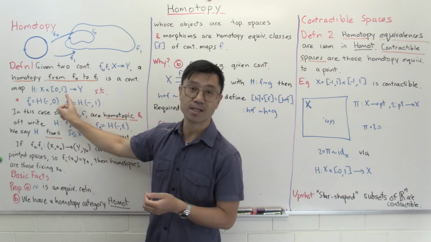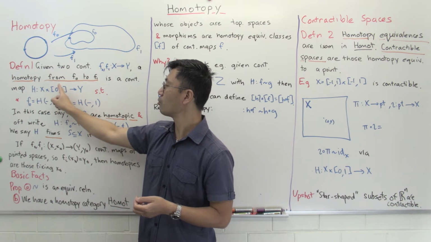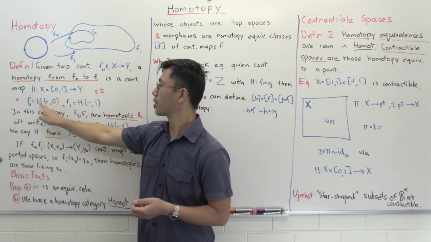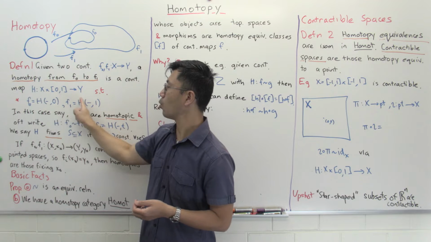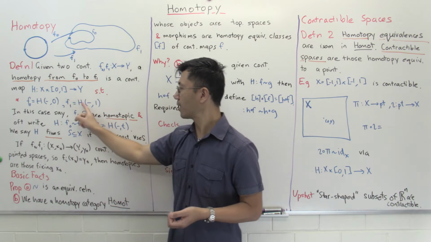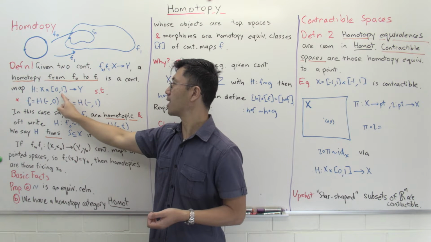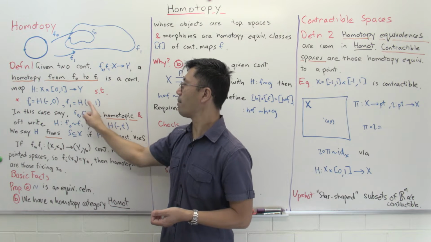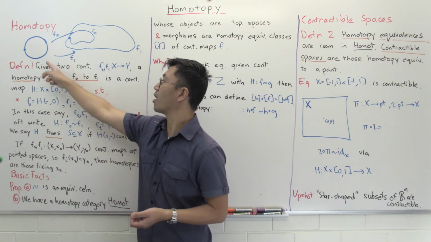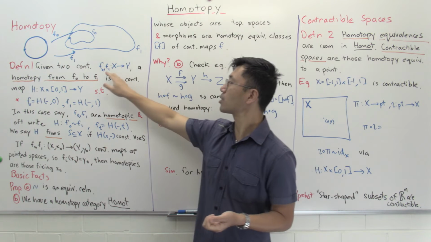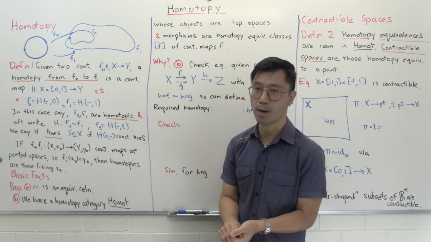The first is that at time t equals 0, when you restrict to the second coordinate being 0, this is now a map from X to Y, and you just recover f0. And at time t equals 1, when the second coordinate is 1, this is a map from X to Y again, and that just gives you f1. That's the definition of a homotopy from the continuous map f0 to f1.